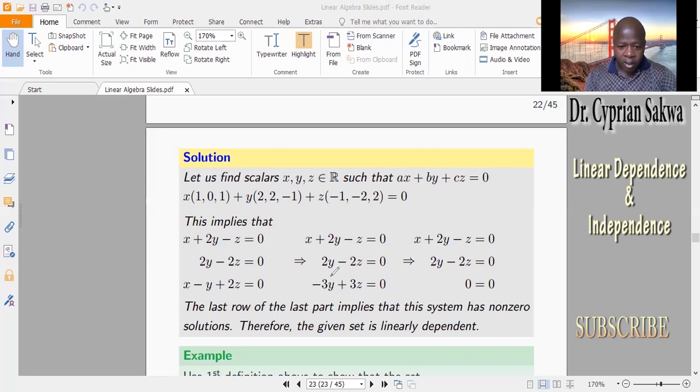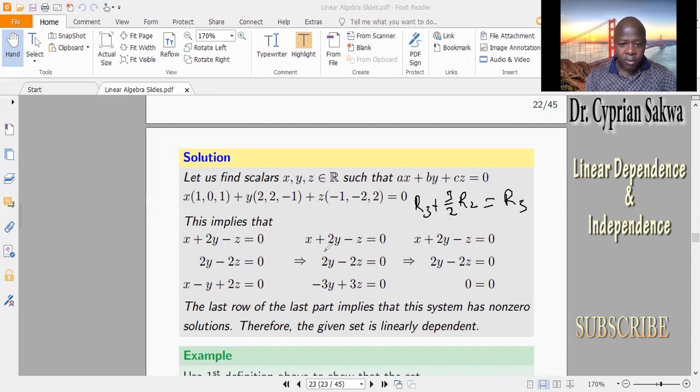So the next thing I want is to get a 0 in this position, and for that I'll have row 2 multiplied by 3 over 2, and then the result is added to row 3, and this will give me my new row 3.